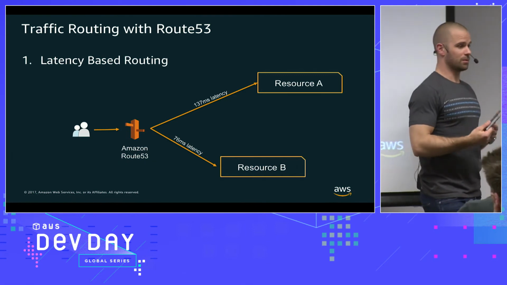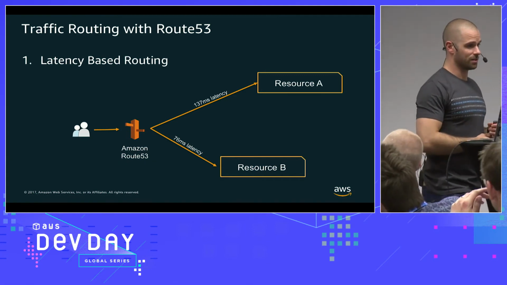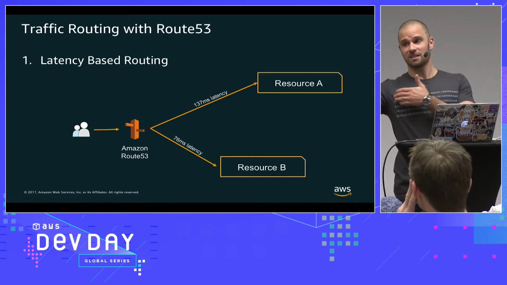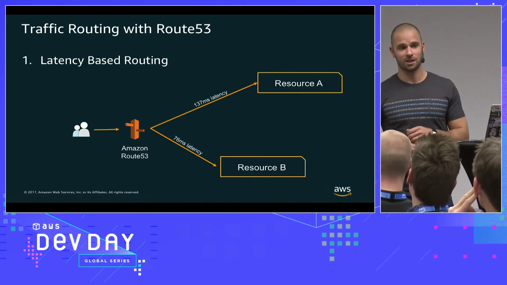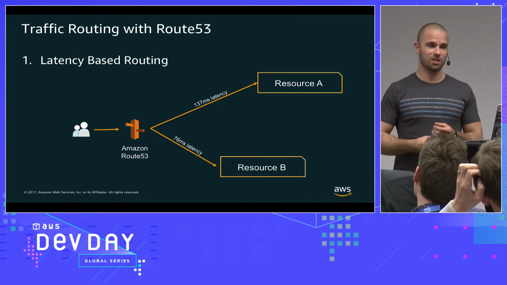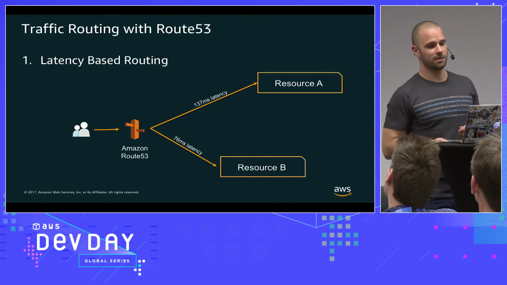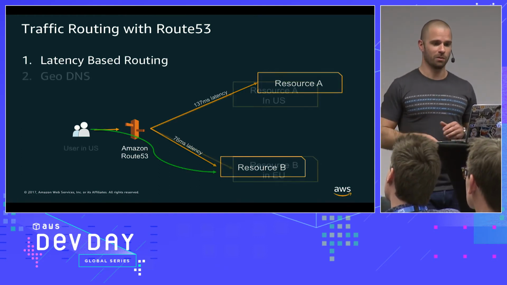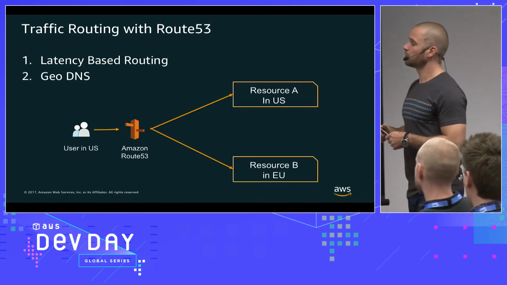So I'm going to be able to target the resource that has the lowest latency. And sometimes it's not necessarily the proximity. You can actually have lower latency sometimes further away. It depends on the congestion of the internet, right? So this is why it's interesting. So in that case, the traffic in green here will be routed to resource B.